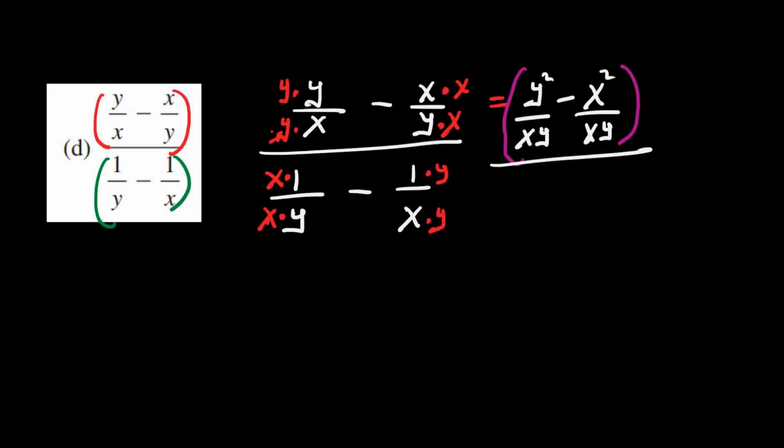So this will be equals to x times 1 is x over xy minus 1 times y is y over xy. So this is the denominator.